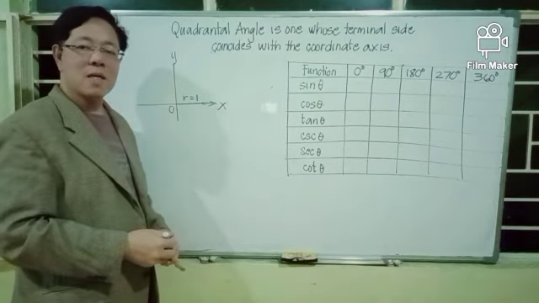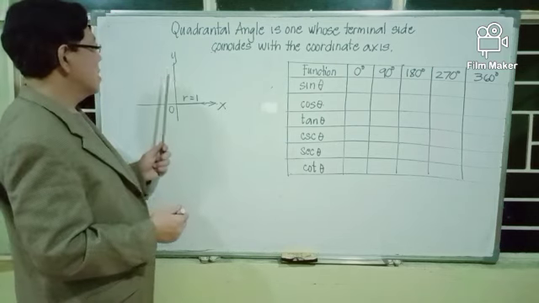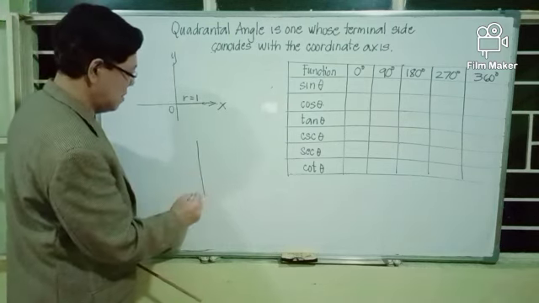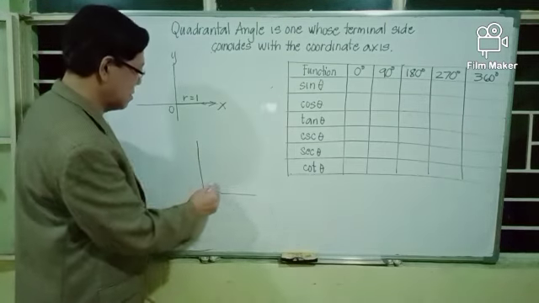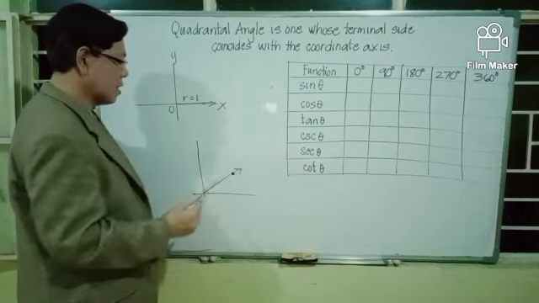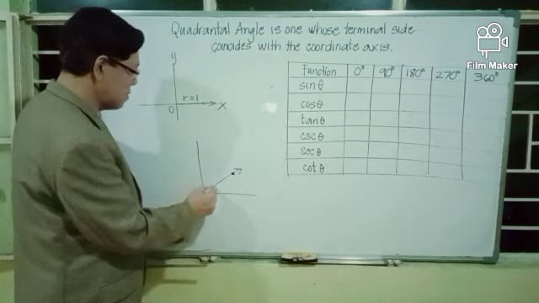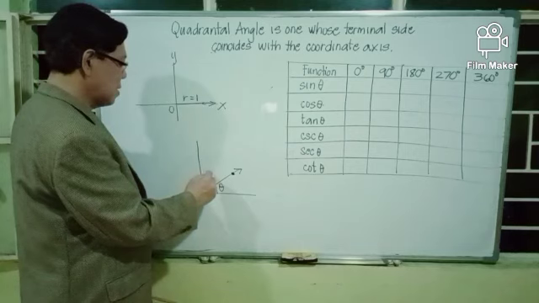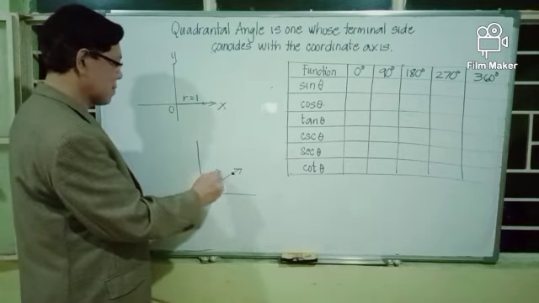If the angle is an acute angle that is greater than 0 but less than 90 degrees, its terminal side will lie in the first quadrant. And we take an arbitrary point on the terminal side of this acute angle theta, whose distance from the origin is 1 unit.